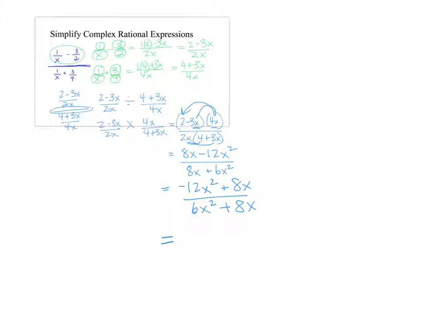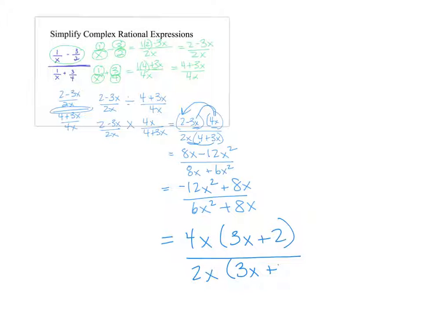So the common factor between negative 12x squared and 8x is going to be x for sure and 4. So that will give me 3x plus 2 as my inside here. And then on the bottom, I'm going to have 2x as my common factor, which will give me 3x plus 4 on the bottom.